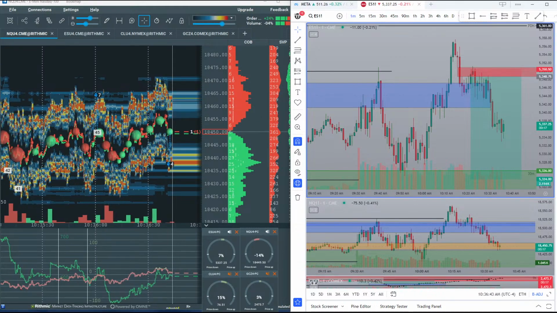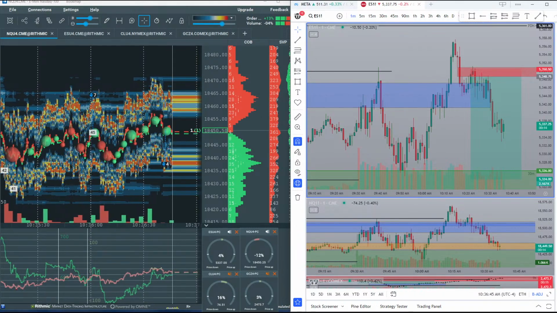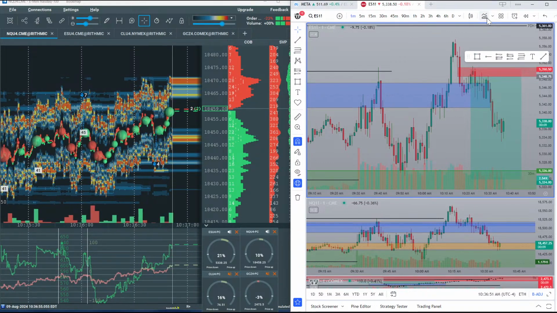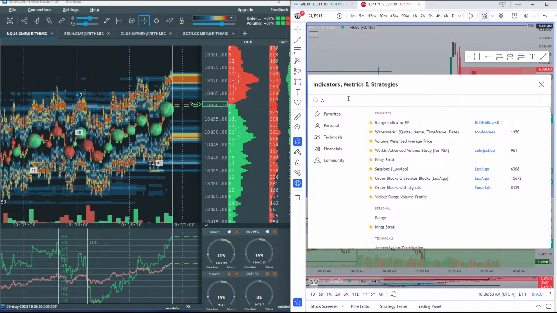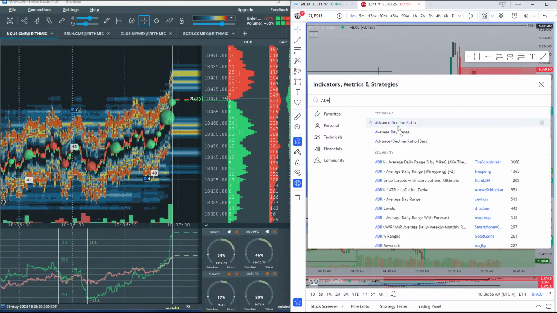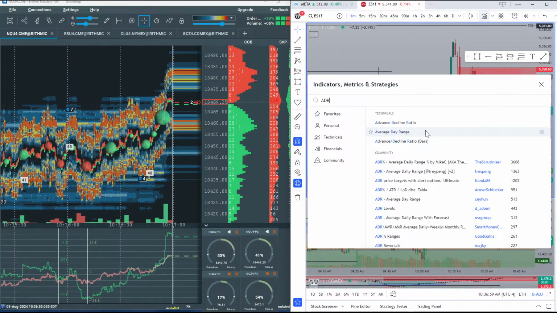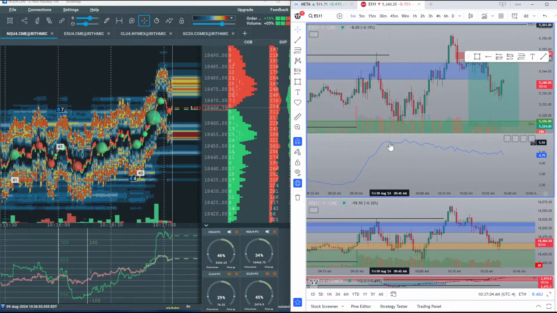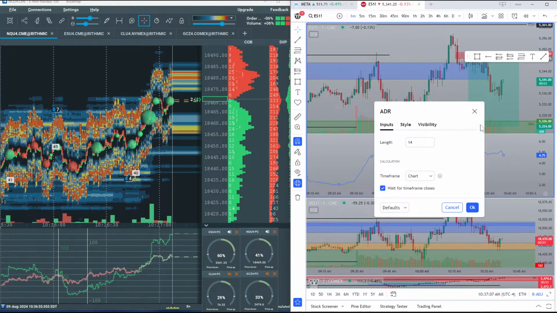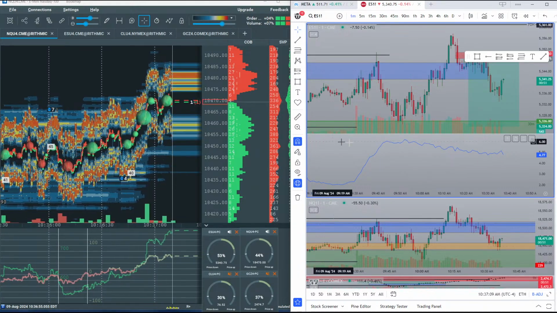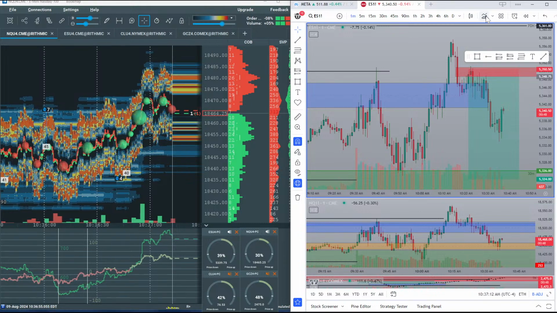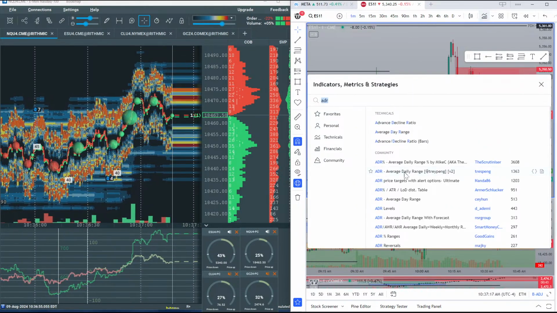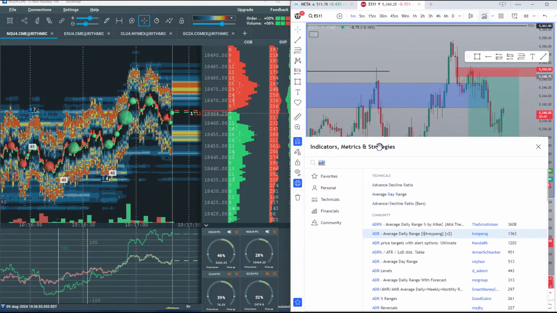No, that's a good idea. Do you know good ADR indicators for TradingView? I do not, but I'm sure we could find one. Indicators. You want ADR, average daily range? We'll do technicals. ADR, this is just the basic one. And that is not good. So let's get rid of this one. It's garbage. ADR. Averaged. We'll try this one. That one didn't do anything.